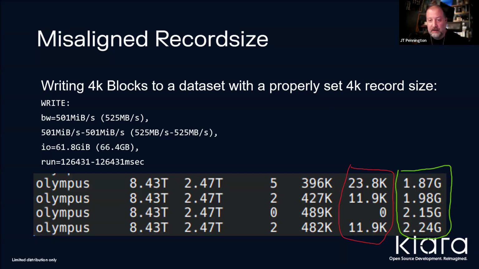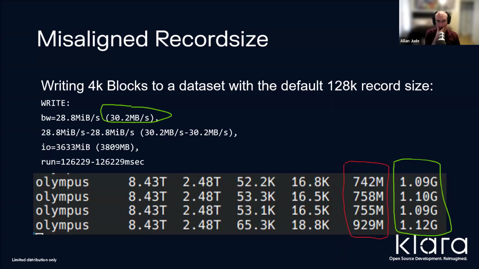The other thing I'd like to highlight here is, Alan, actually, if we can go back one slide. Mm-hmm. So if you look at the total IO in the right section above the image, where you have IO equals 3,633 megabytes, this is the amount. This test was done for 120 seconds. And in that 120 seconds, we were only able to write just shy of 4 gigabytes of data.